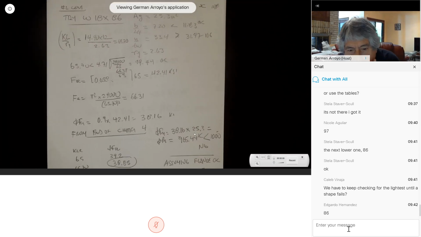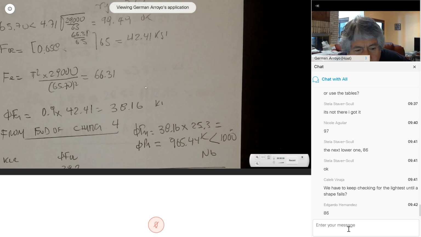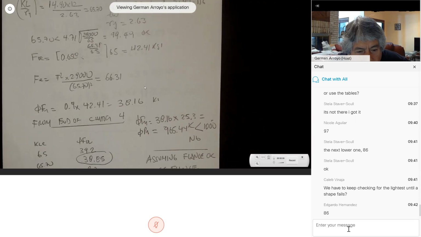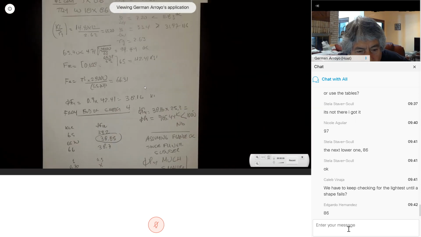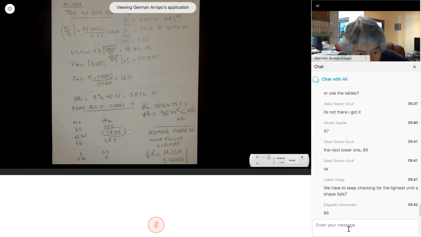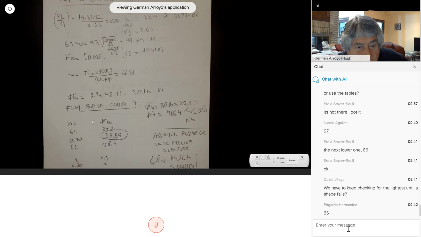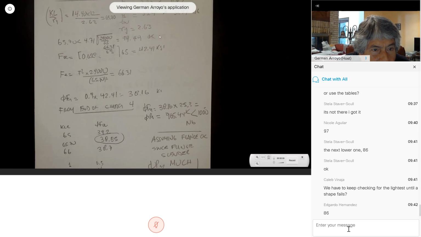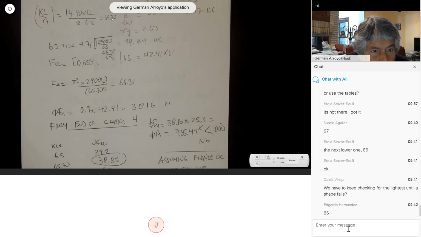It's smaller than the required strength. And I also went to this table at the end of chapter 4 between 65 and 66 because KL over R is 65.70.